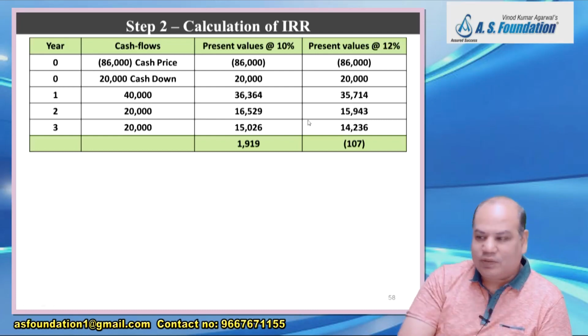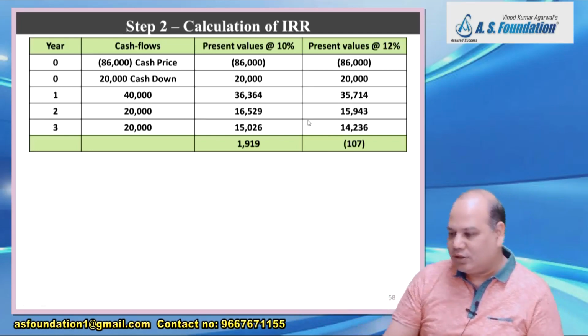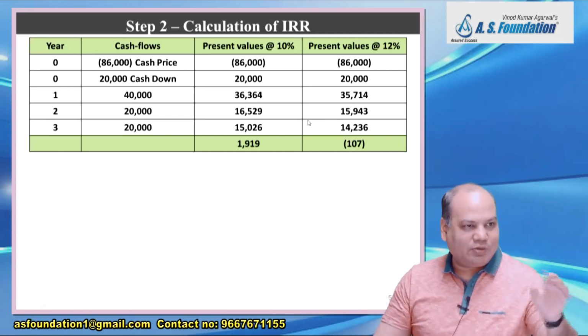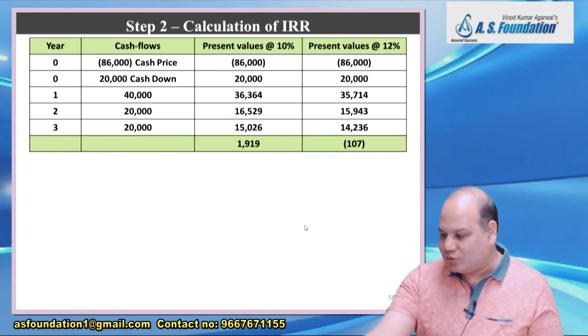Are you getting a negative answer of 107? 1919 is positive, 107 is negative. That means one thing is sure, our answer is between 10 and 12. Every time it is not between 10 and 12. This is just a coincidence in this problem.